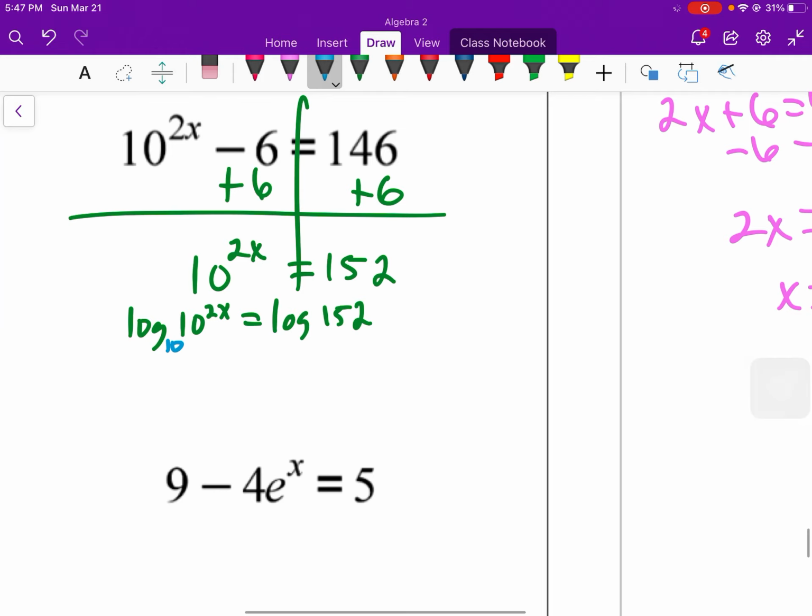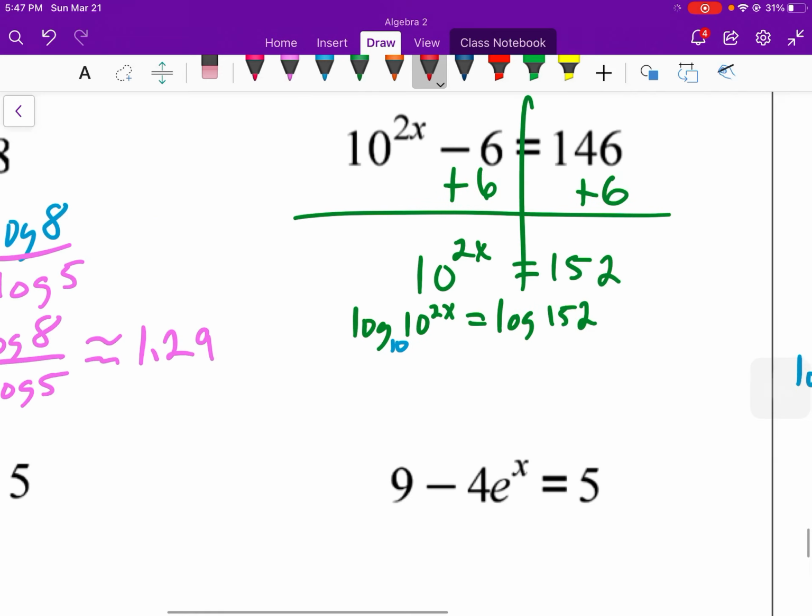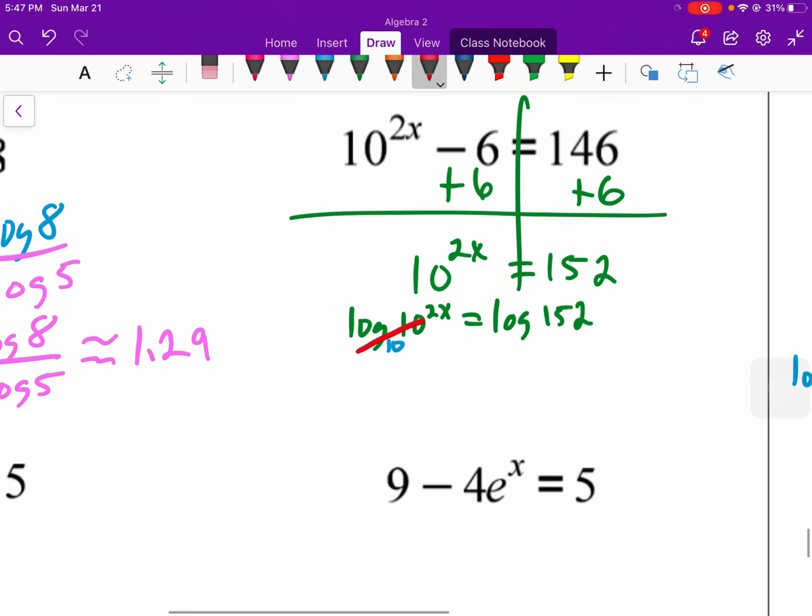The property says if you have log base b of b, it equals 1, because b to the first equals just b. That means that this simplifies to just 1 times 2x now, because 2x will be by itself, equals log, what would be base 10 of 152.